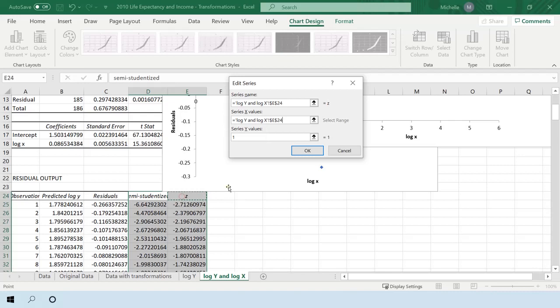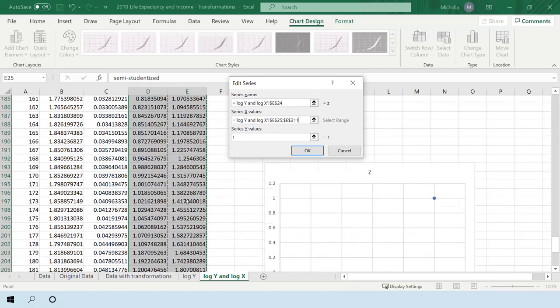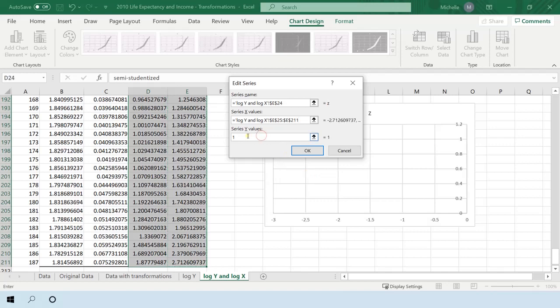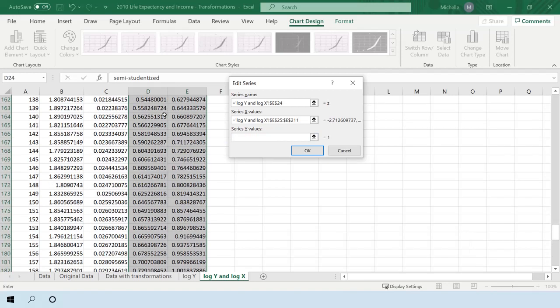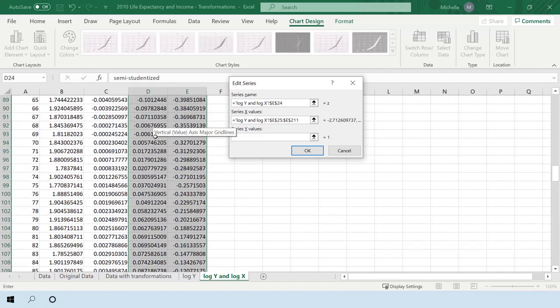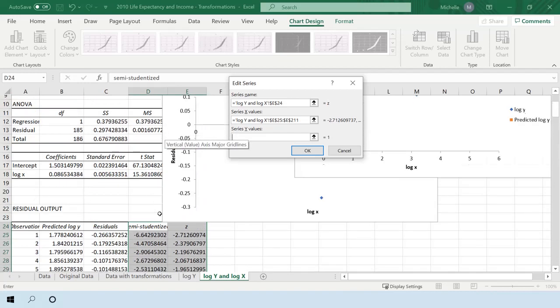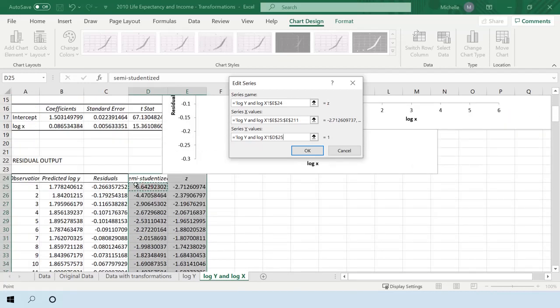X is the Z value. Make sure you only highlight the numbers. And then Y is the studentized residual, starting here at the studentized residual. Don't highlight the label. It'll mess everything up.